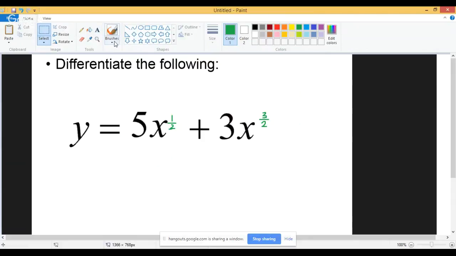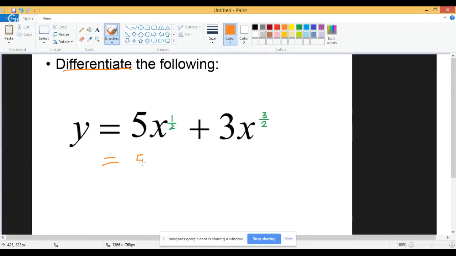So now the question says differentiate, and I'm in a much better position to differentiate now. I've got the equation looking a lot simpler. So let's begin. In differentiation, we times the power by the coefficient at the front. So 5 times a half makes 2.5.